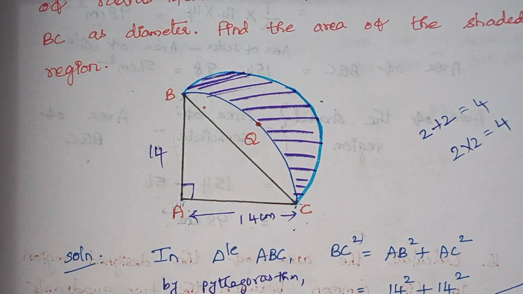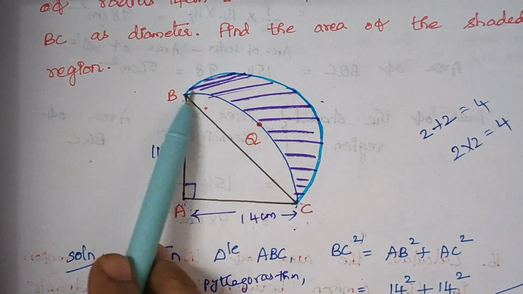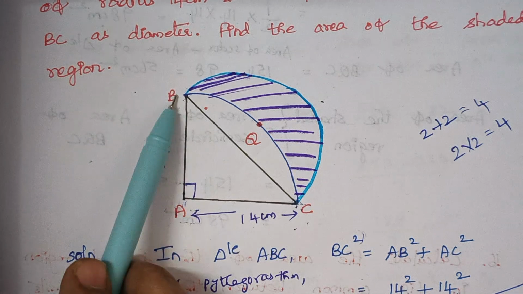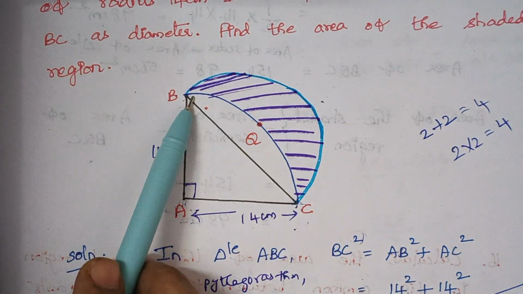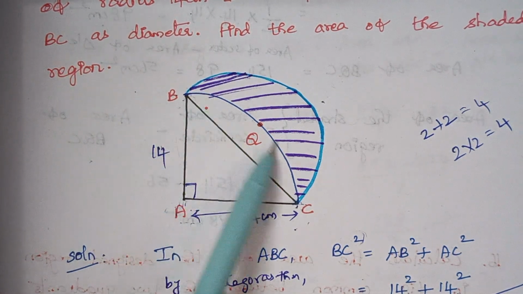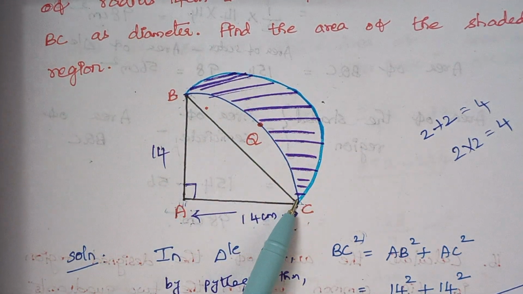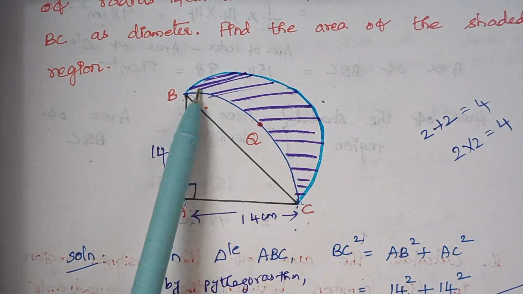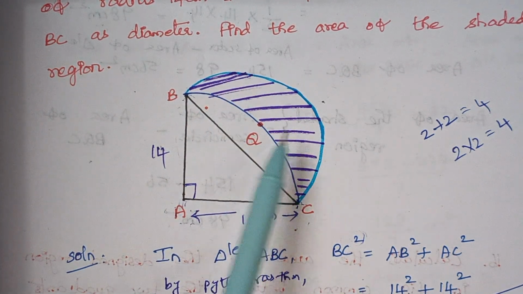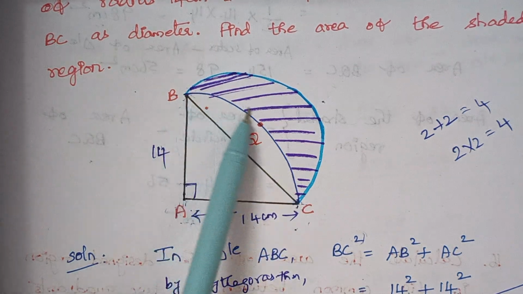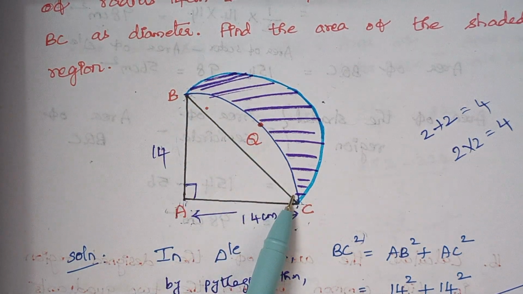So as a first step, I am calculating the value of this part, so that I can subtract this value from this entire area of the semicircle, right? Can you get? Because we need only this part. So in this semicircle, this is the extra thing which is to be removed, right?